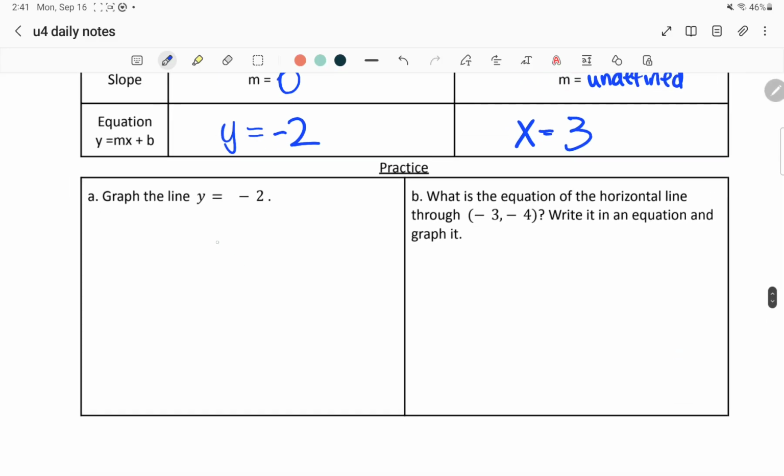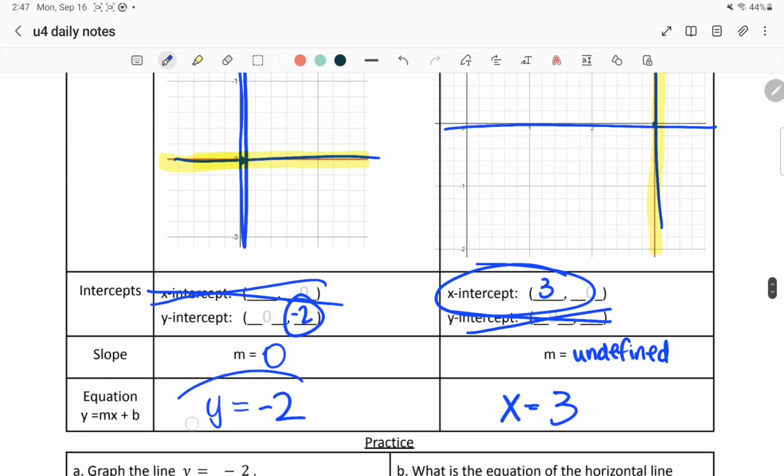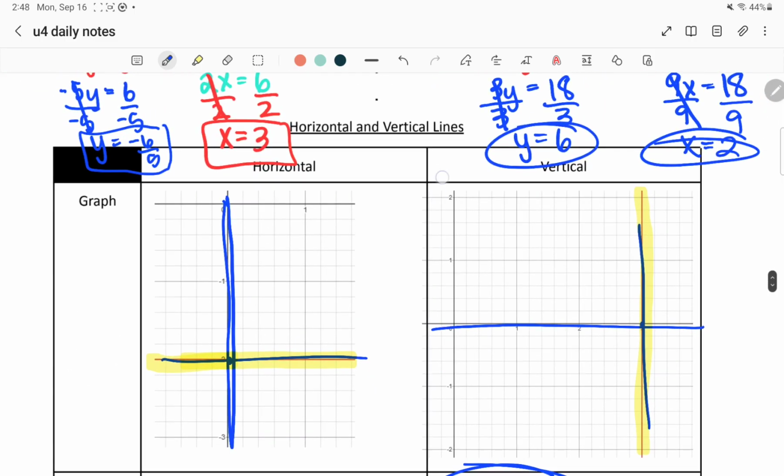Okay? Your homework will look something like this. It'll ask you to graph a line and give you the equation. You'll be given a graph, and you have to say whether or not it's a vertical or a horizontal line. So when it's y equals something, let's take a look at our key. Y equals is a horizontal line.